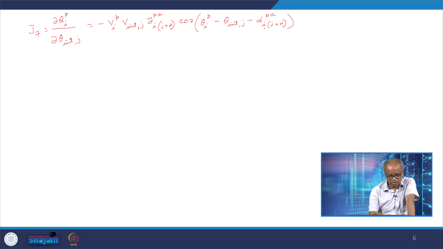right. Please again note, this is very important, this j is varying from 1 to m, I varies from 1 to n, and p varies over a, b, c. If we remember these notations, these variations of the indexes, everything will be alright. So, this is due to the first term.